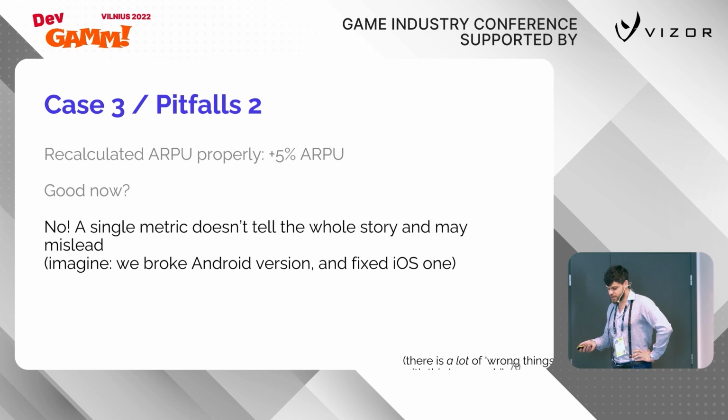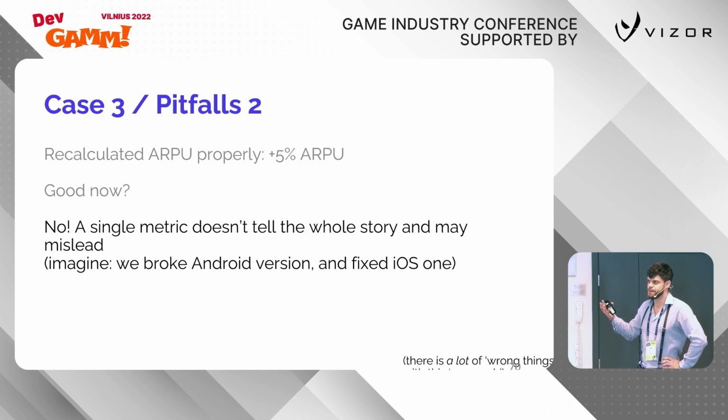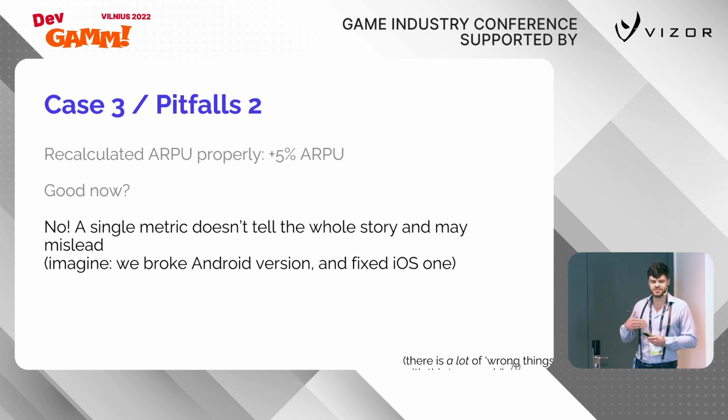And also there may be some confounding effects. For example, to remind you, we tried to optimize for Android, and we also fixed some crashes on iOS. And let's imagine, because of that, we may end up with more iOS players and fewer Android players.